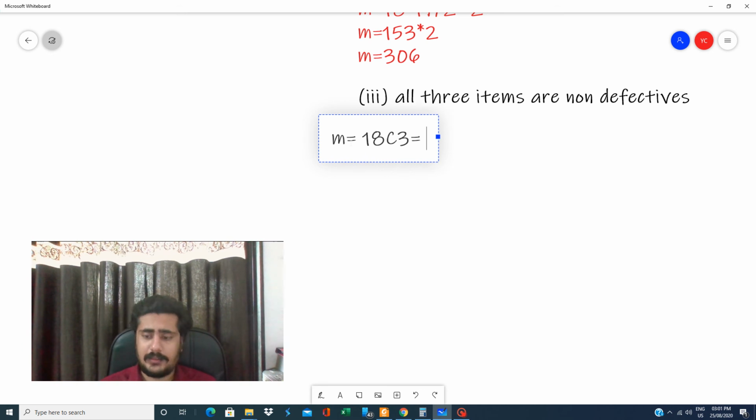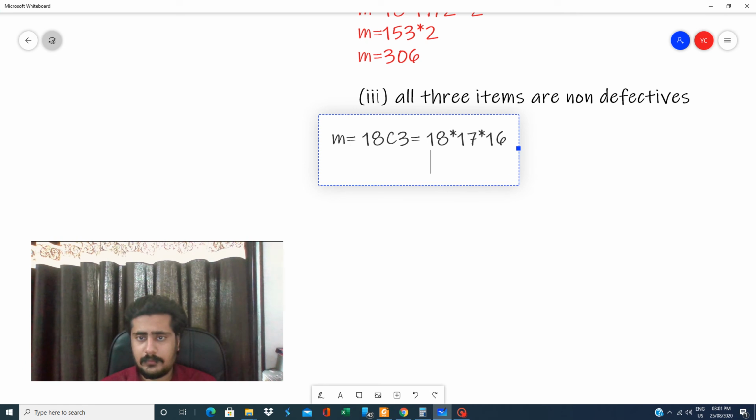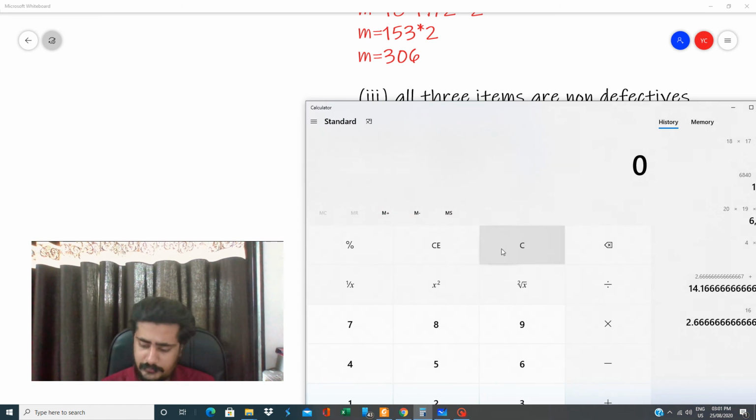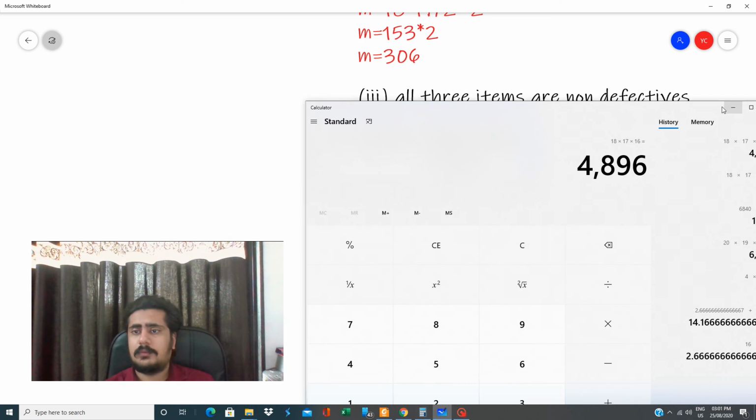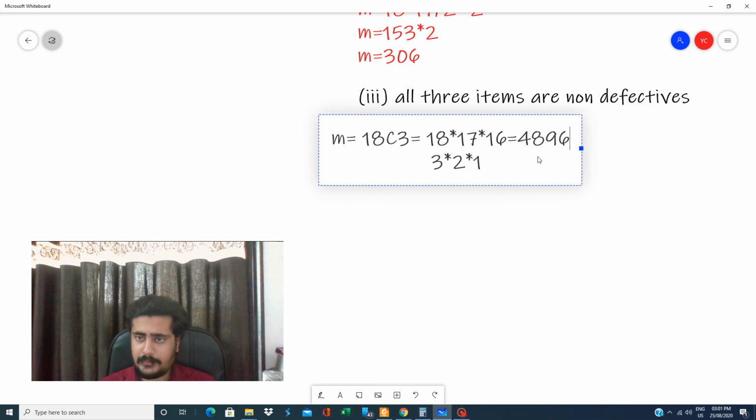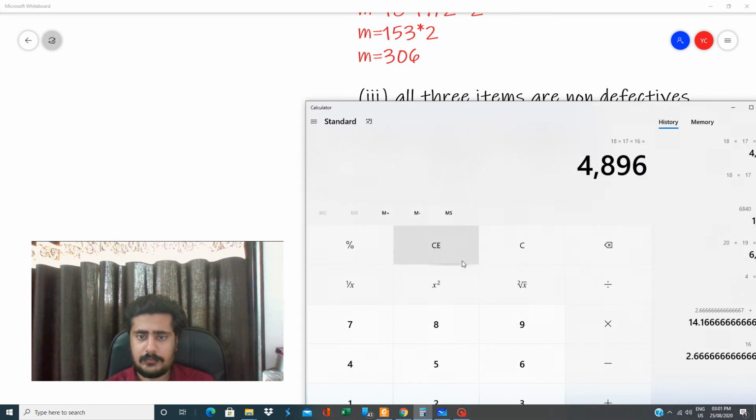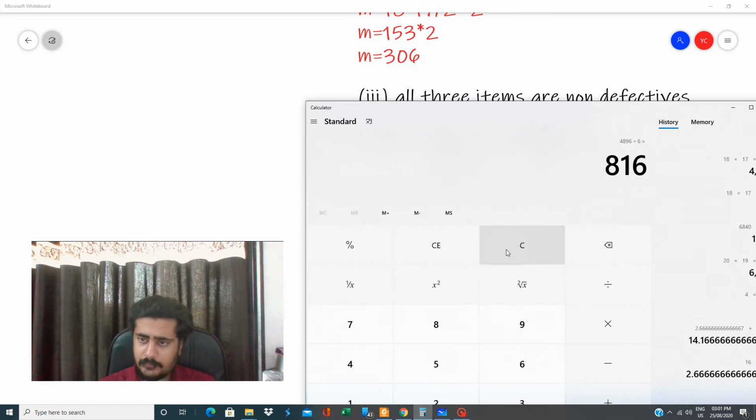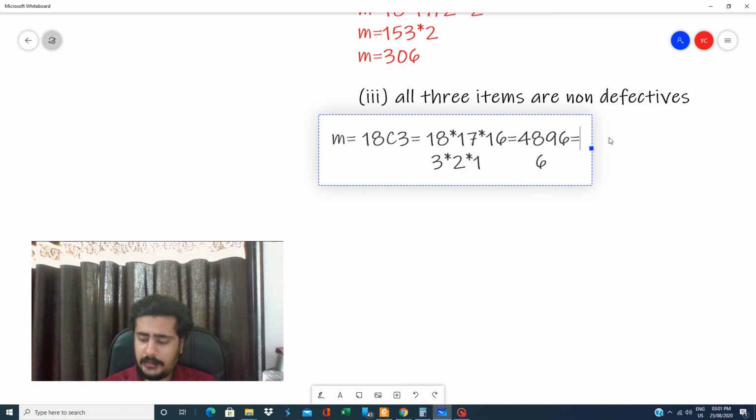It's 18C3, which is 18 into 17 into 16 upon 6, that is 816.